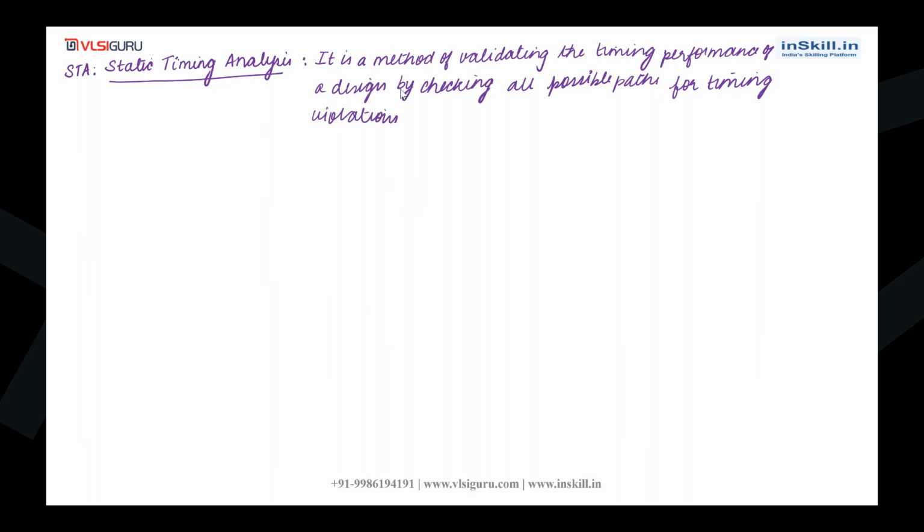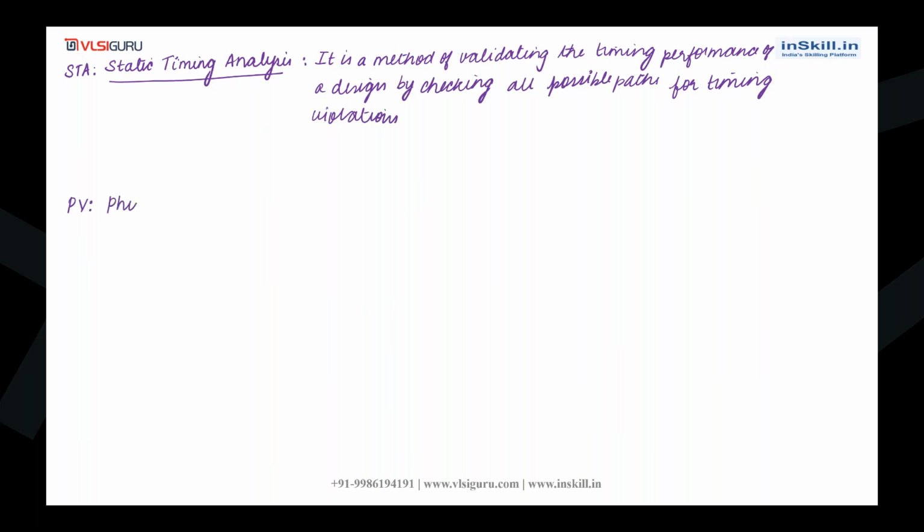So STA is nothing but static timing analysis. It is a method of validating the timing performance of a design by checking all possible paths for timing violations. And then we have physical verification, PV.